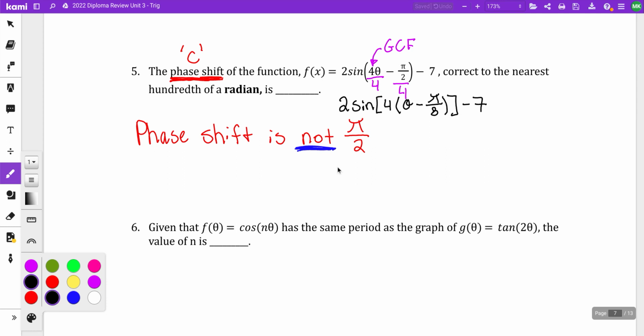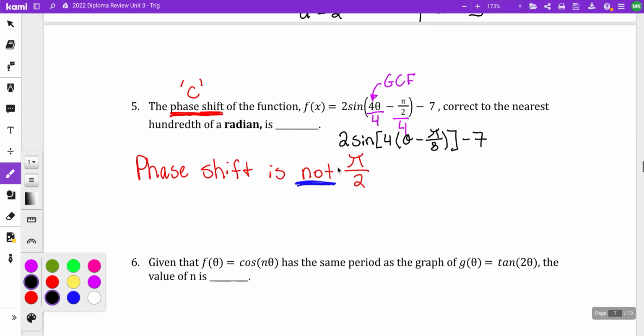On your formula sheet, bottom right hand corner, it gives you this formula, and it helps remind you that b has to be factored out. That's how it looks on your formula sheet. It's trying to remind you that you have to take that greatest common factor out to get that c value.